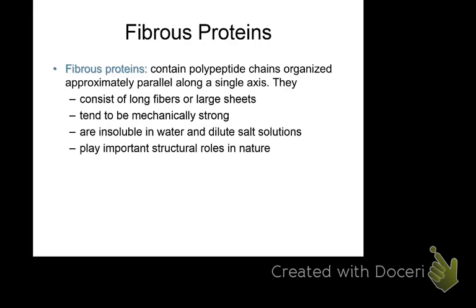Now, there are some proteins that have both a fibrous portion and a globular section. Does anyone know what some of the proteins in your body might be? Once you see a picture of these proteins, it makes sense.